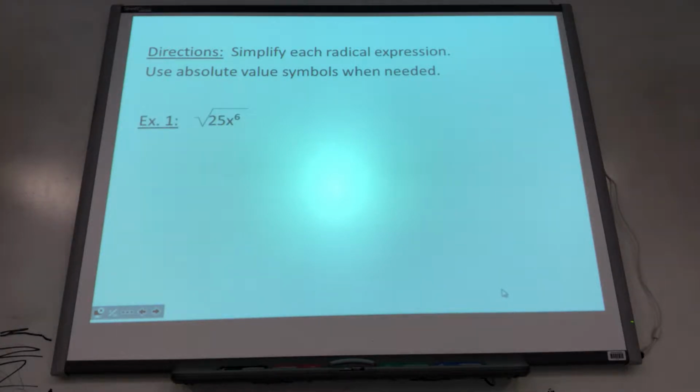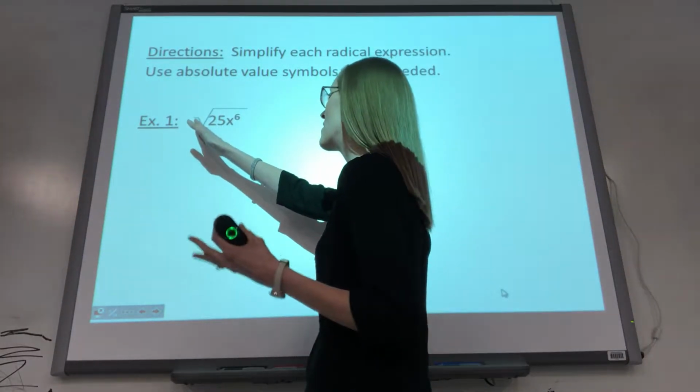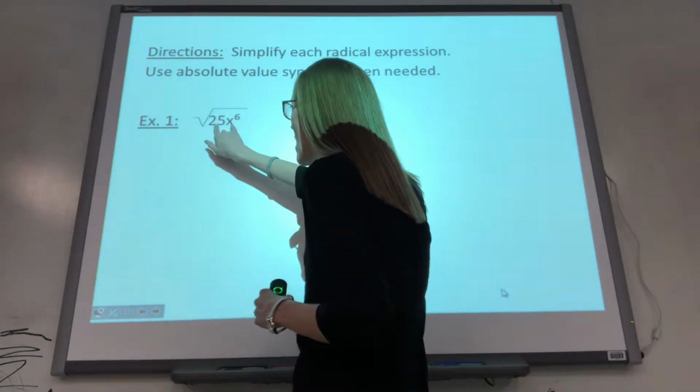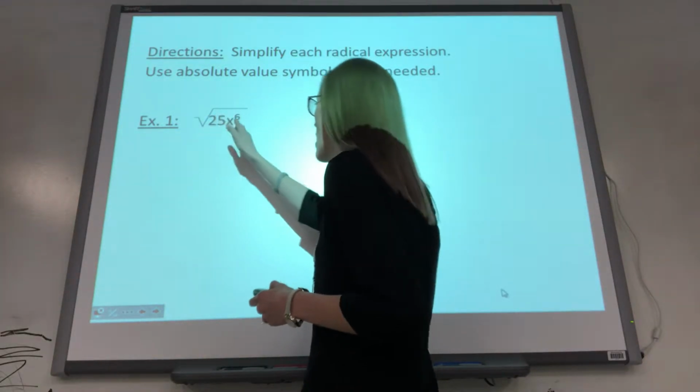So first one, it says the square root of 25x to the 6th power. Anytime you take a square root, or really any kind of root, of a product like this, you are allowed to break each part up.